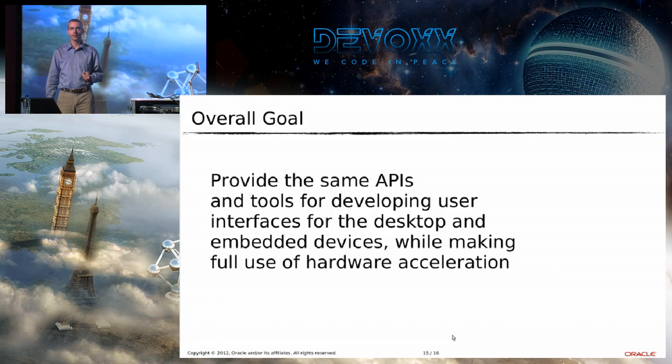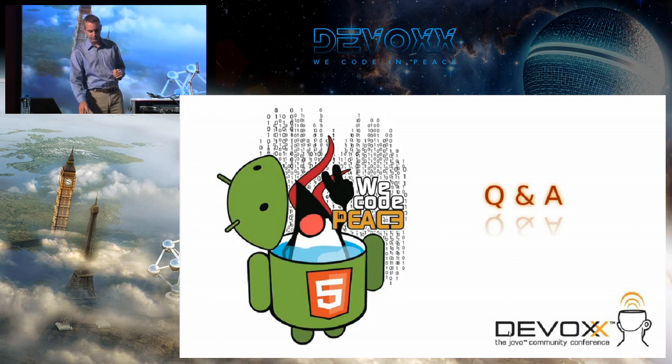You should be able to, in most cases, just take your code from the desktop and run it on the device, and we've seen again and again that that does work. Even in the cases where you can't do that, all the APIs and all the paradigms are going to be the same. It's just that you need to do some different optimizations for embedded, and in some cases you'll have APIs that are not present.